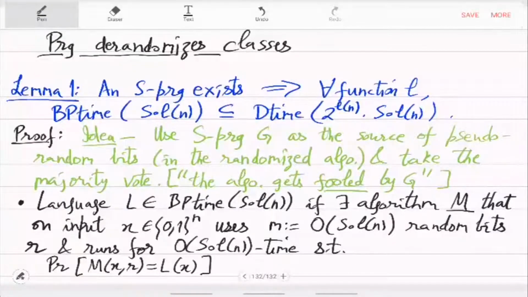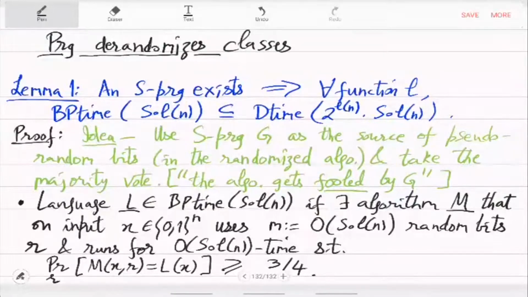So the output of M on X on the random bits R will match whether X is in L or not, which I am denoting by L(X), with probability at least 3/4. So that is the meaning of L being in BPTIME.